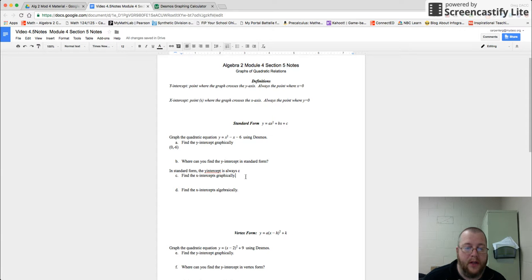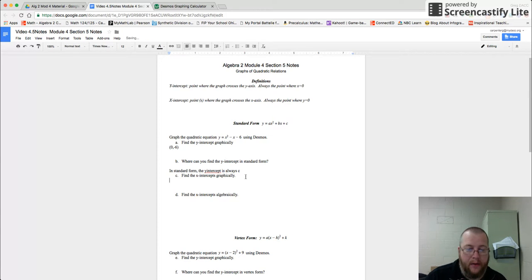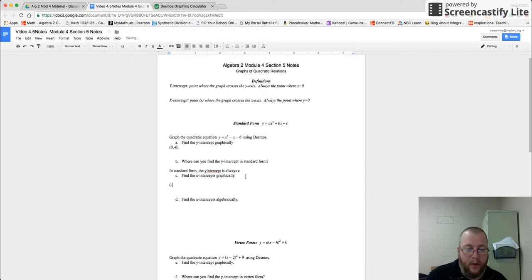Okay, x-intercepts graphically, we certainly can have. There were two of them. They were (negative 2, 0) and (3, 0). Now, finding these algebraically, we can do as well, because if you remember, we said that the x-intercept is where y equals 0.